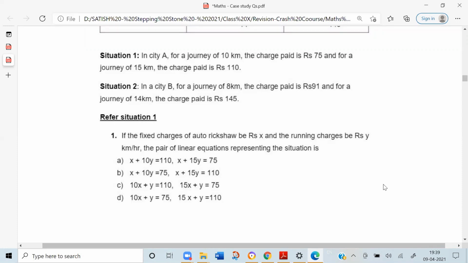Now, referring to the situation 1, first question. If the fixed charges of auto rickshaw be ₹X and the running charges be ₹Y per kilometer, the pair of linear equations representing the situation is. So based on the table for the situation 1, now you frame the equations and identify the options.